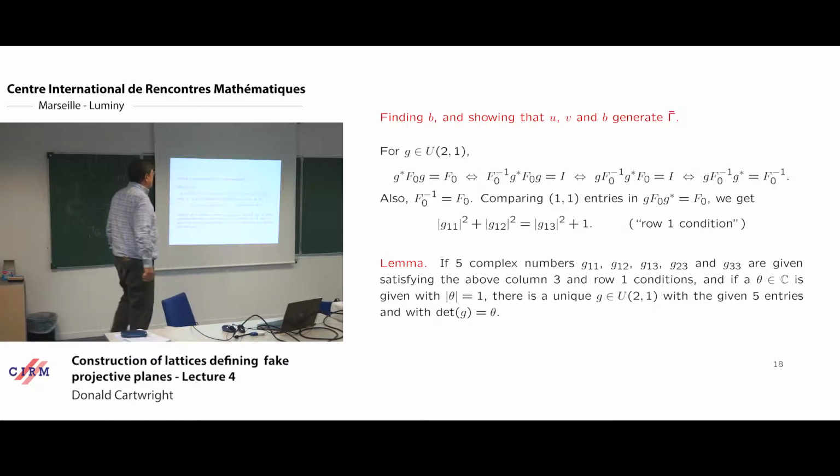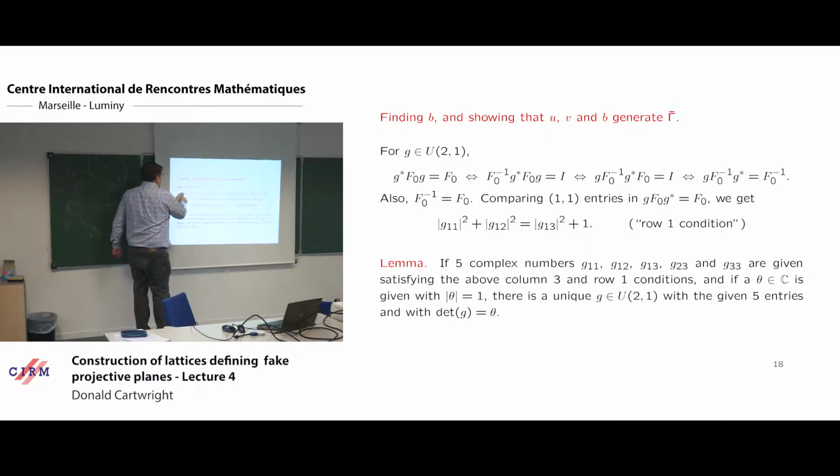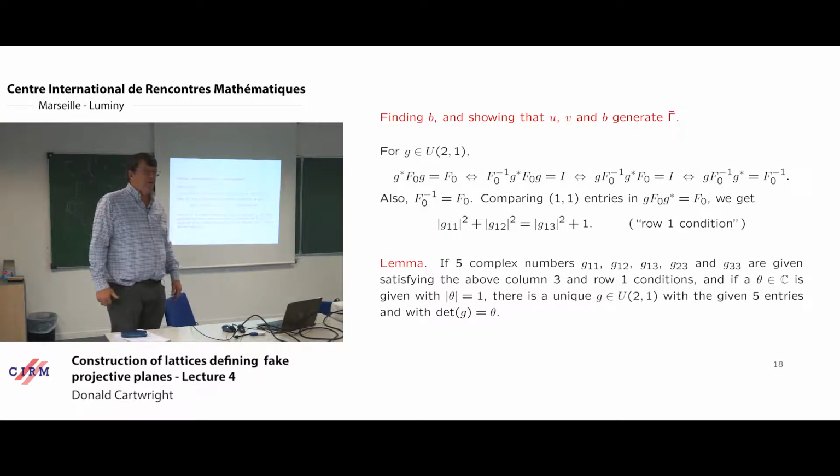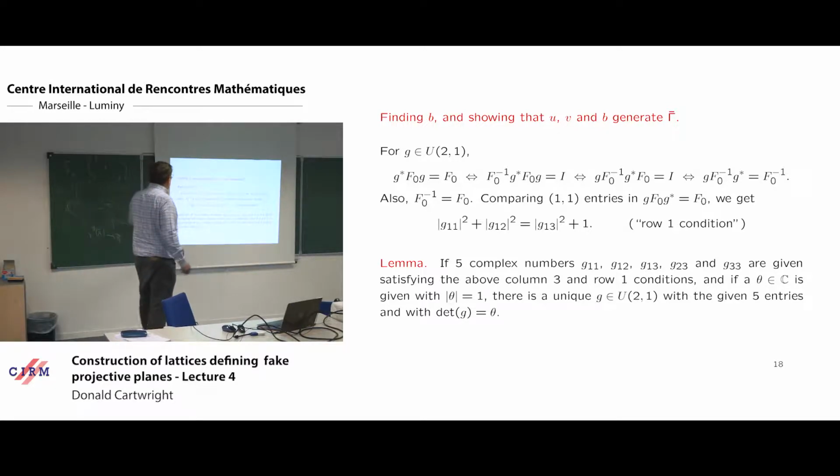Okay, I've got the details there, which you probably, your eyes glaze over as you look at, but I can move the star from the left to the right for free. Okay, and it's because F0 is its own, its square is equal to its own inverse, or perhaps you need less than that. Anyway, if you look at the entries, the 1-1 entry of this, you find this condition, which only concerns the first row.